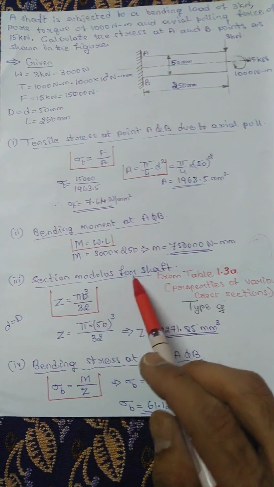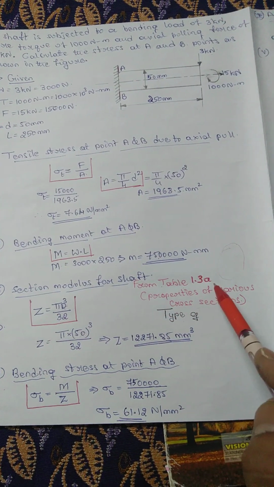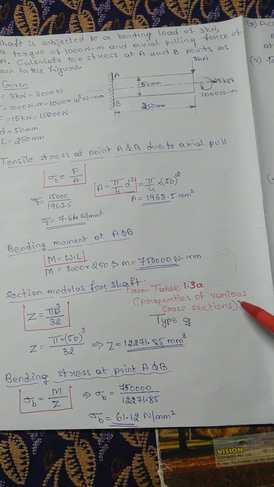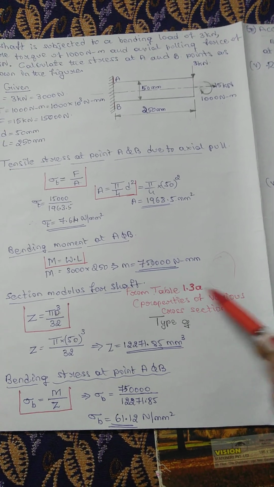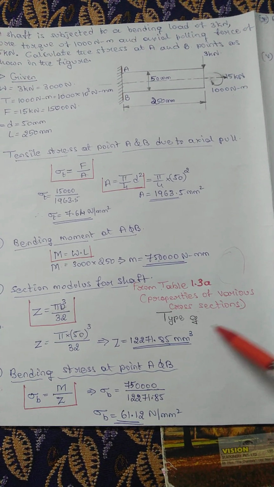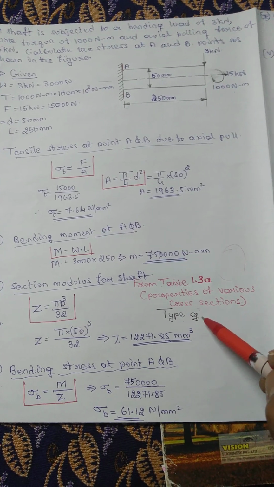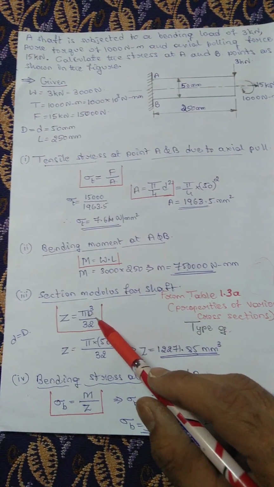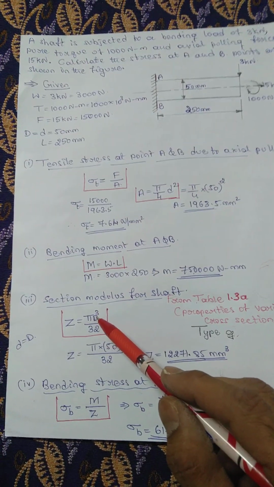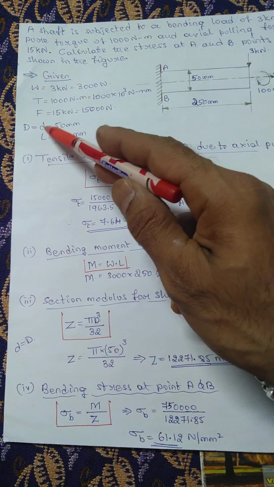Next, the section modulus for the shaft. This equation is from table 1.3a of the Design Data Handbook, K. Mahadevan and Balaveera Reddy. The heading of the table is properties of various cross sections. In that sketch it is type G. So with this equation you will find the section modulus for the shaft, and D given there is the same as our diameter.